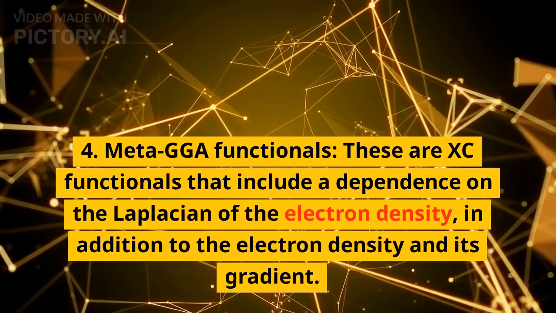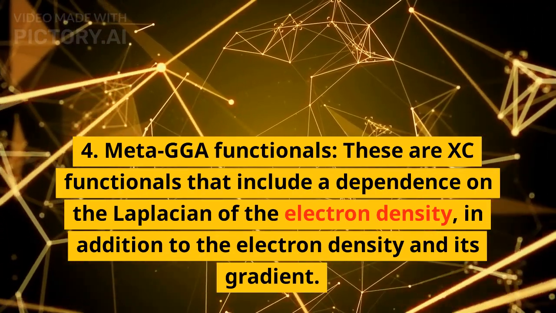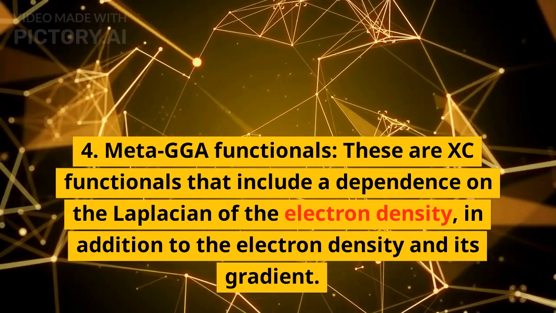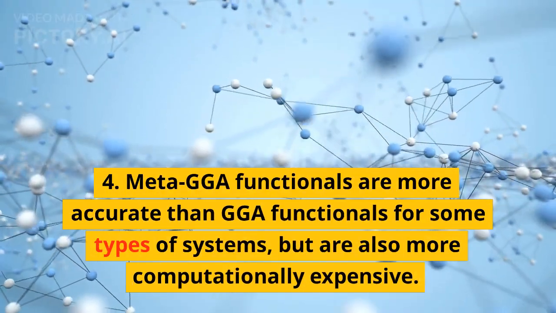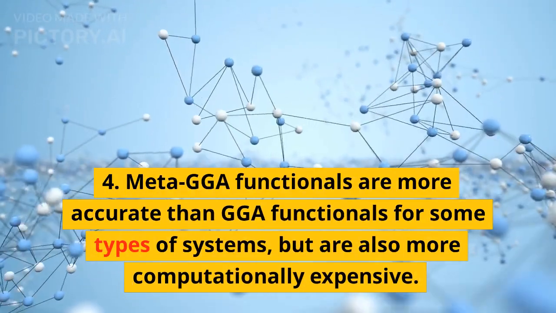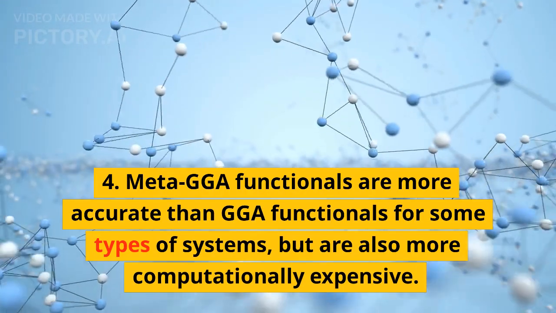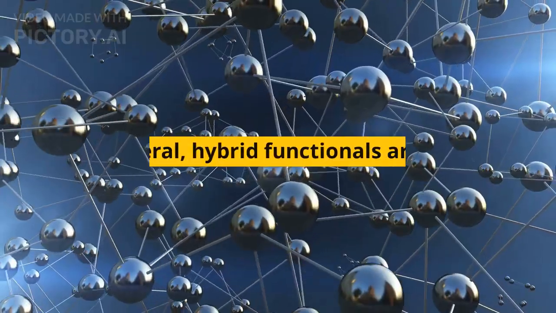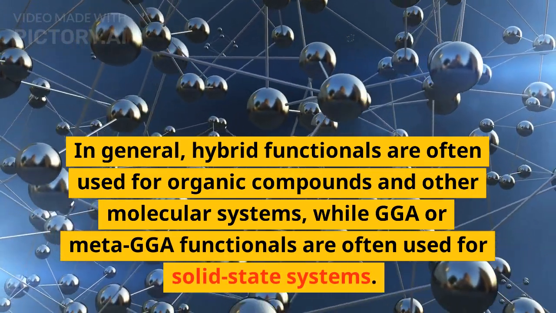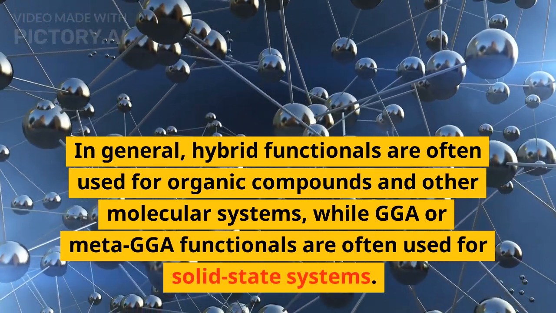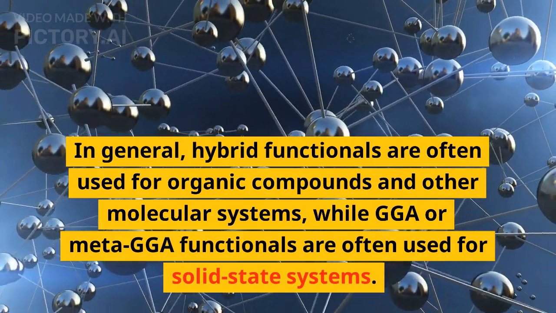These are XC functionals that include a dependence on the Laplacian of the electron density, in addition to the electron density and its gradient. Meta-GGA functionals are more accurate than GGA functionals for some types of systems, but are also more computationally expensive. In general, hybrid functionals are often used for organic compounds and other molecular systems, while GGA or meta-GGA functionals are often used for solid-state systems.